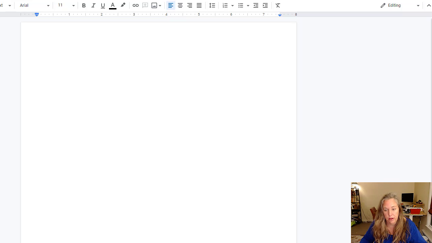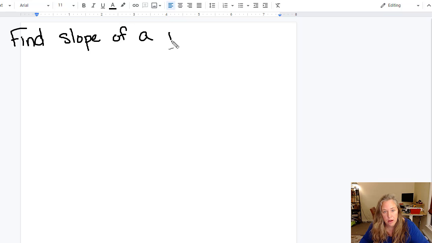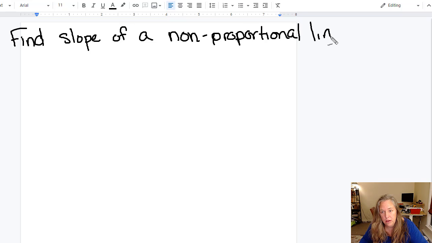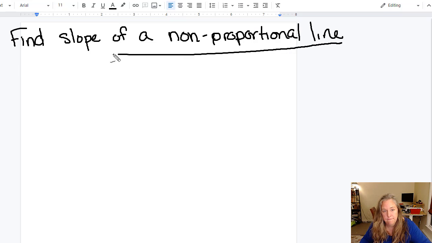So you can title this: find slope of a non-proportional line. Step 1.